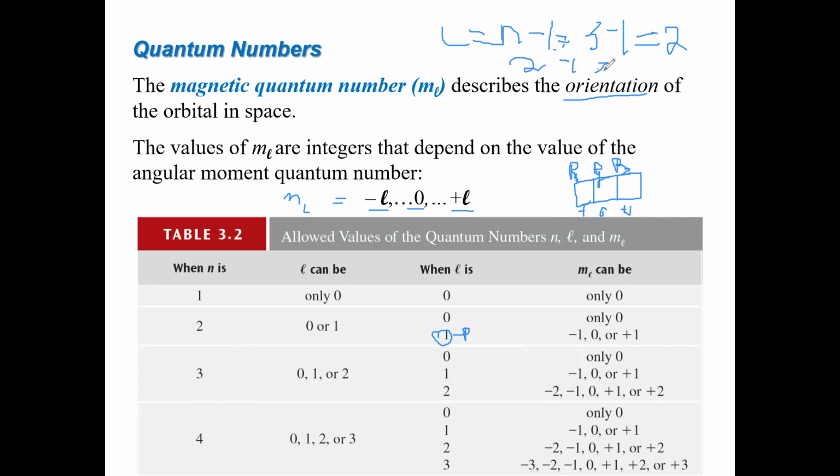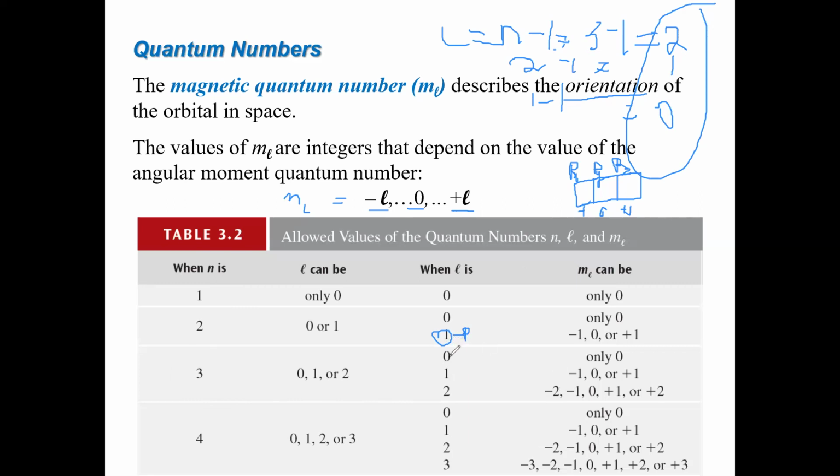Then you take this 1 minus 1, and we have 0. This is the reason why, when n is 3, you have 3 possible values of L: 0, 1, or 2.